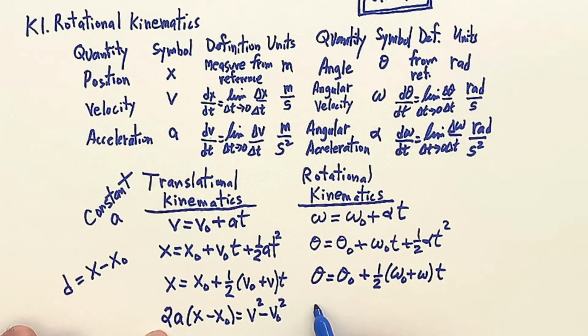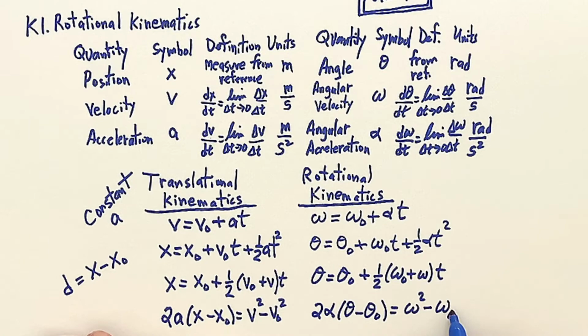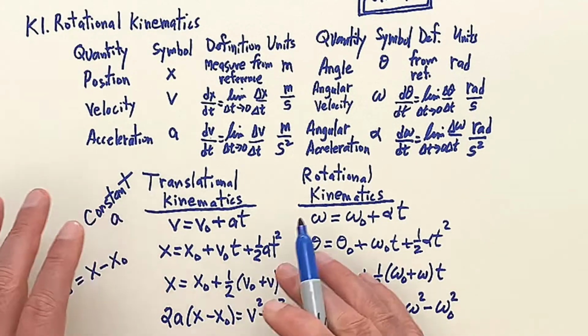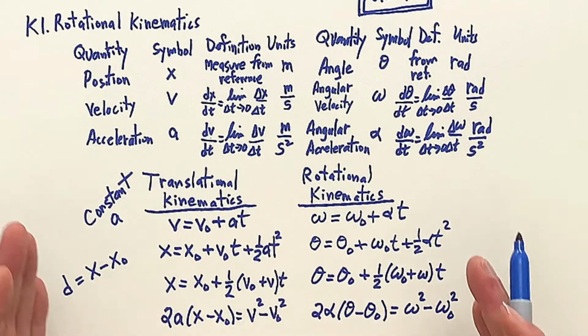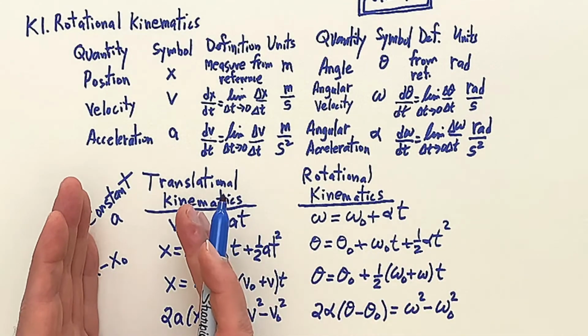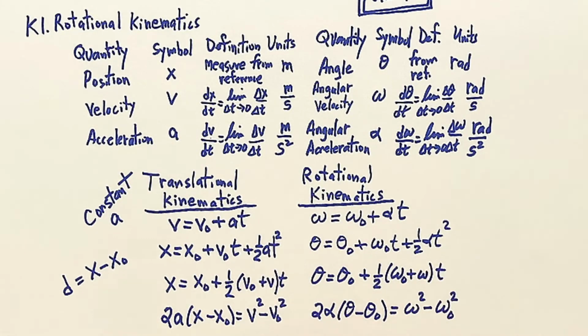So here you would have 2 times the alpha, and then theta minus theta naught is equal to omega squared minus omega naught squared. Very, very nice analogy. So it took us a whole class to derive these equations, took us a while. Here we just write them down by this nice analogy between translational kinematics and rotational kinematics.